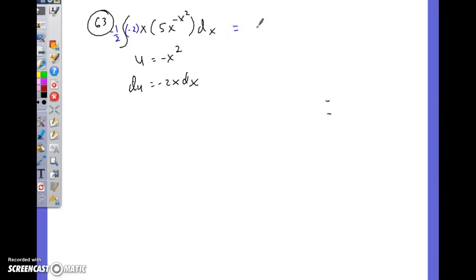Why is it negative? What's the derivative of negative x squared? Why is it just 1/2? Because I need to put in a negative 2. If I put in a negative 1, I change my answer. I've got to cancel that out, right?